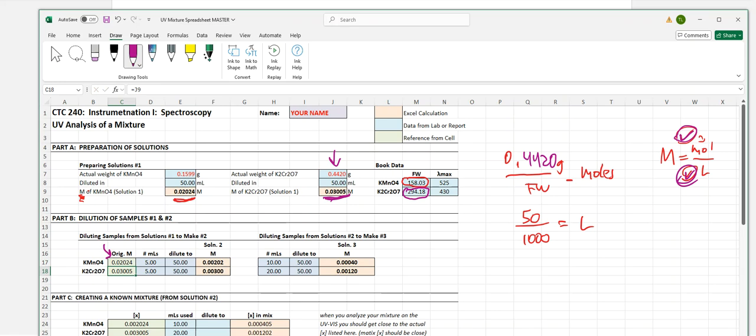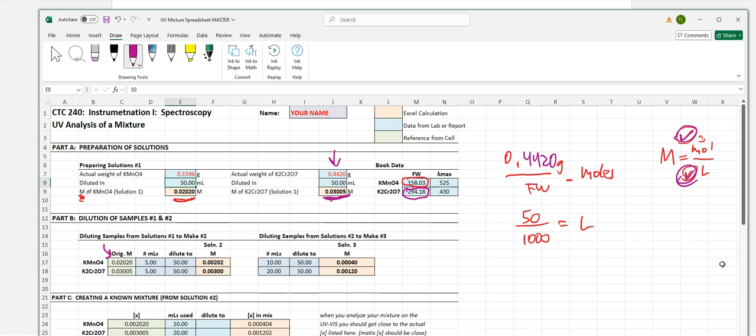All right. Now, the reason that we do this is because let's say I made a mistake, and, oh no, I used 0.1596, not 1599. No big deal. You go in and you put 0.1596, and then when you key that in, it corrects for the molarity of the original solution.